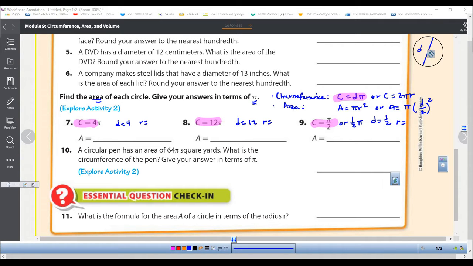And if you have a segment that goes part way through, from the center to the side, that's the radius. The diameter is simply 2 of those radii put together. So if the diameter is 4, the radius is 2. If the diameter is 12, the radius is 6.